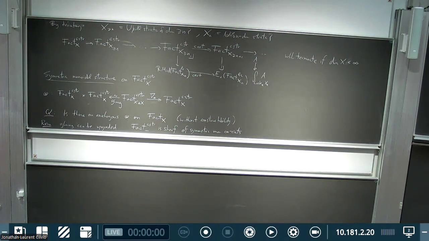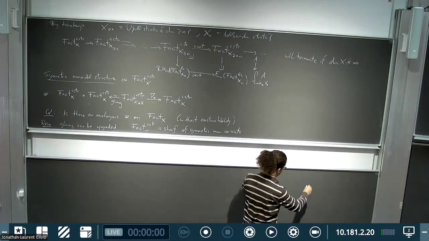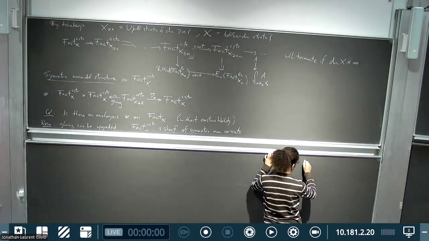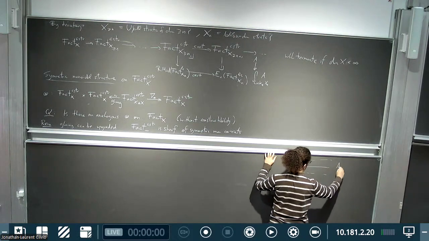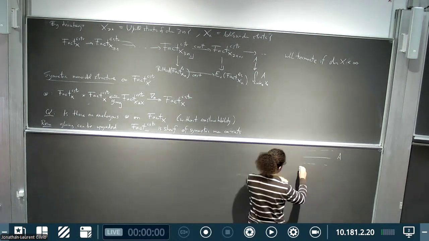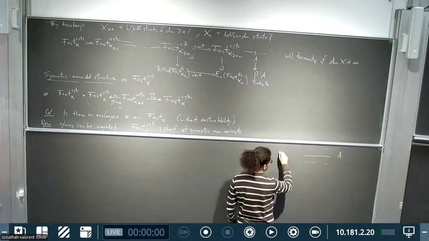If you restrict X to this link N, will it also be an E1 algebra in factorization algebras in the link? So you cannot restrict A to link N because link N is some lower dimensional thing. So this notation is maybe a little bit confusing. Let me give you the example of the Miller's thing again. If you have an algebra here, then in this case, the link bundle is this S0 bundle.